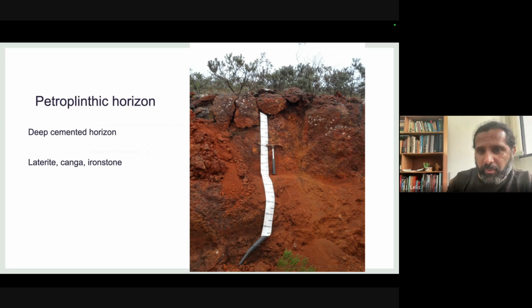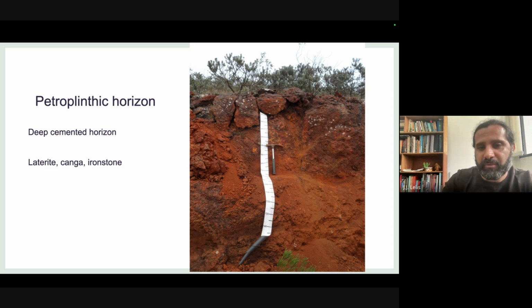So we have a horizon that you can hardly break with your shovel, with your hammer, with your knife. Okay, this petroplintic horizon is deeply cemented by iron. It's quite common in the tropics. Okay, for example, here in Brazil, we can see a lot of them, like a lot.